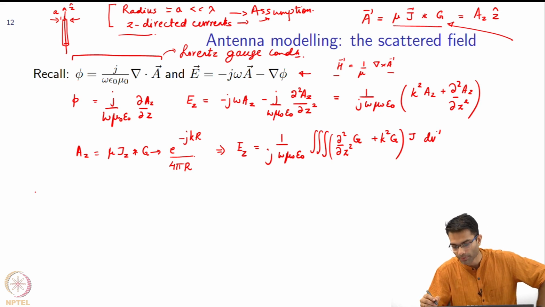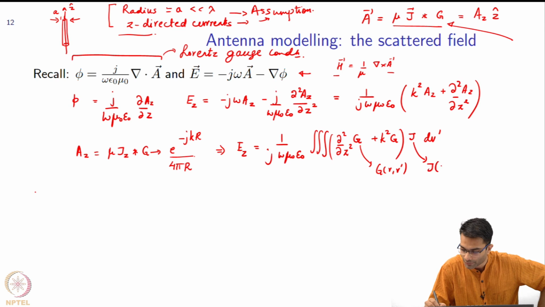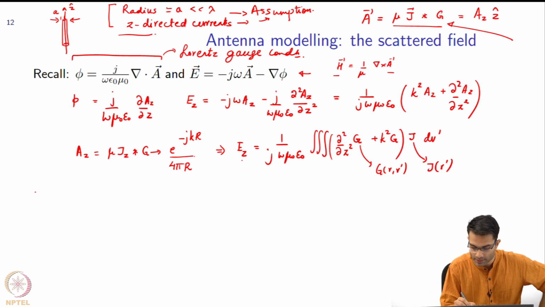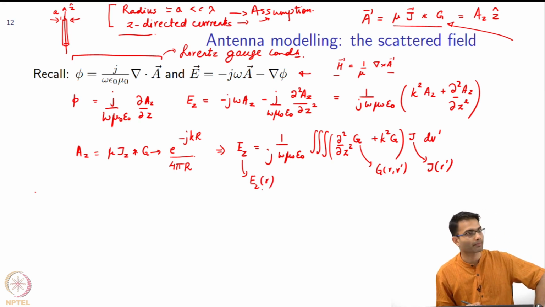I did not write the prime coordinates, but you can imagine this G is going to be G of R prime, this is going to be J of R prime, and this is going to be Ez of R. Right. So, I am integrating over the prime coordinates.